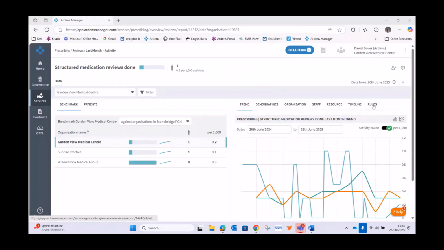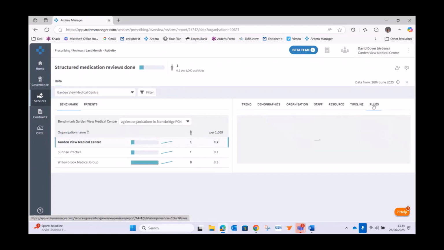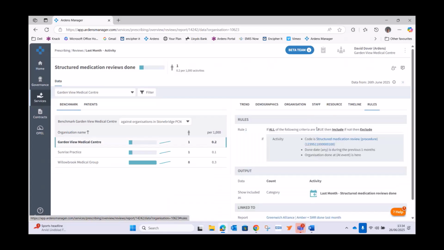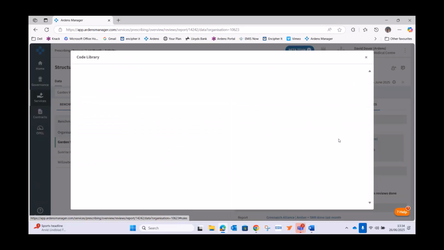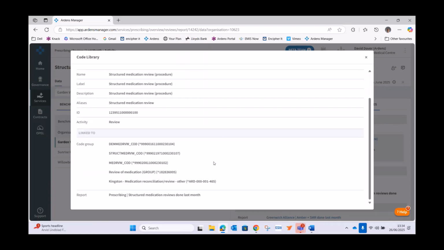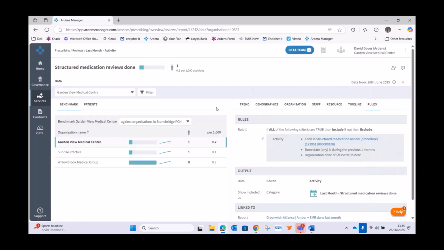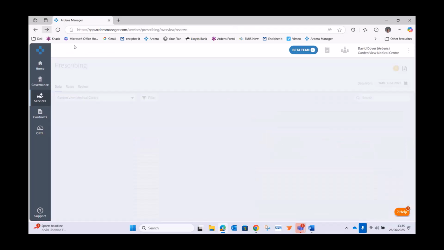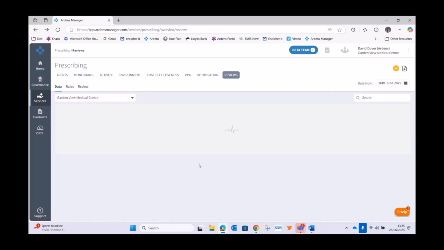So again, I can be looking at all of these demographic breakdowns and so on, but this little tab in the right-hand corner, far right-hand side there for rules, is just going to allow you to see what codes are used for that particular report. So again, looking at all of the different codes that are needed for your structured medication reviews to make sure those patients are being captured. So you may look at these and think, well, actually, we're not doing the work.